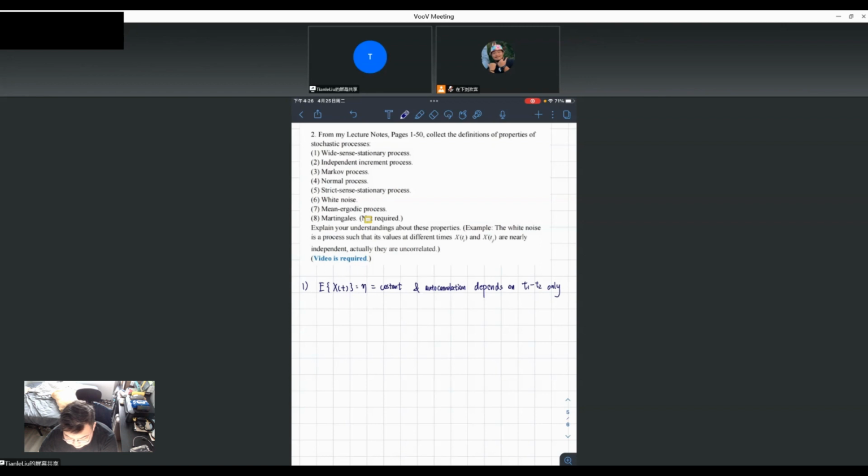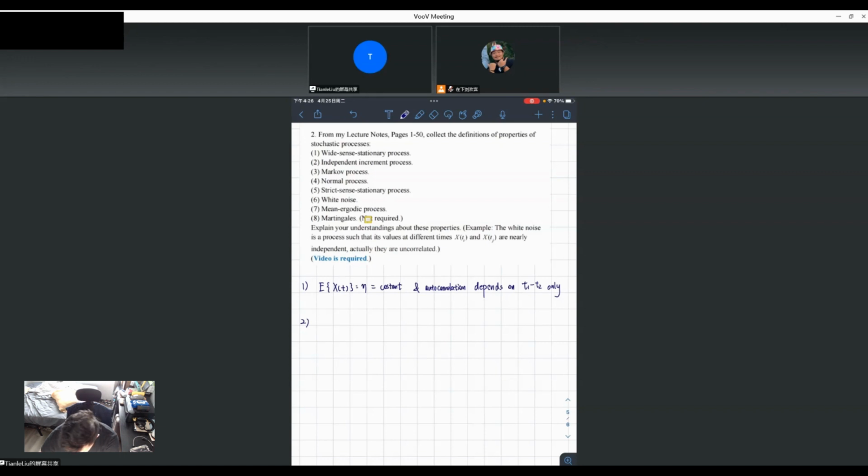I think this is a basic definition for us to use in the following. For the next one, we have the independent increment process.